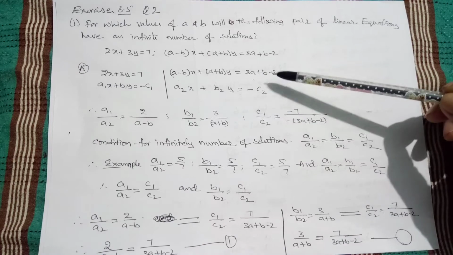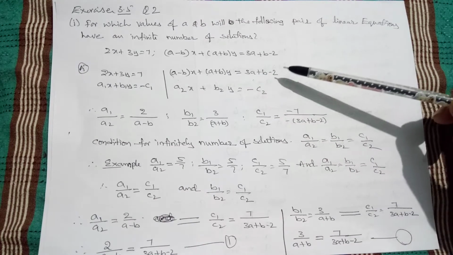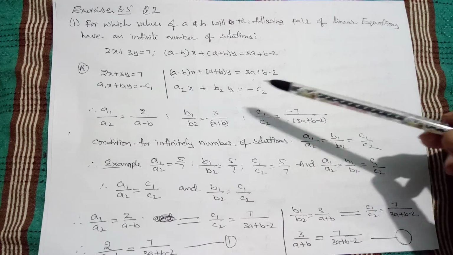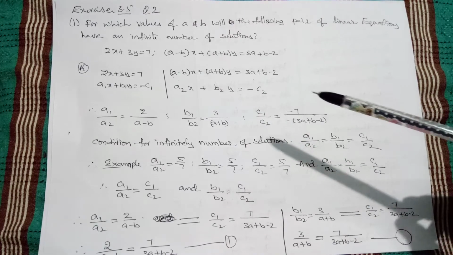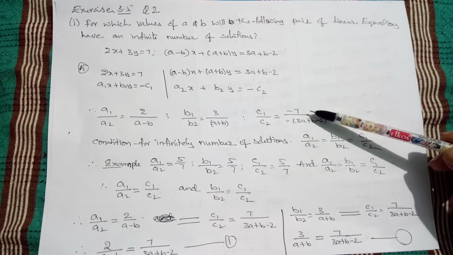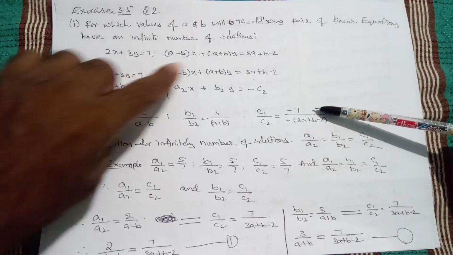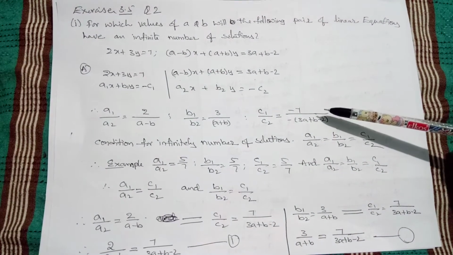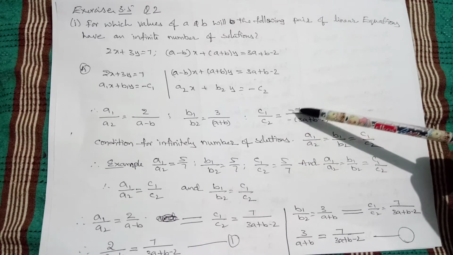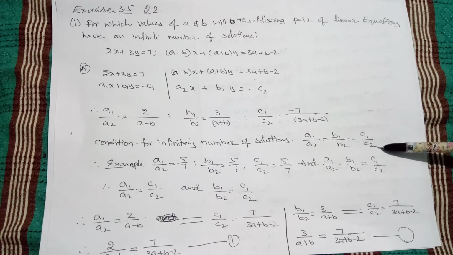Actually, according to the standard form the constant has to be on the LHS, but here it's no problem, both constants are on the same RHS, so the minus and minus cancel. So here 7 by 3a plus b minus 2, again it is c1 by c2.